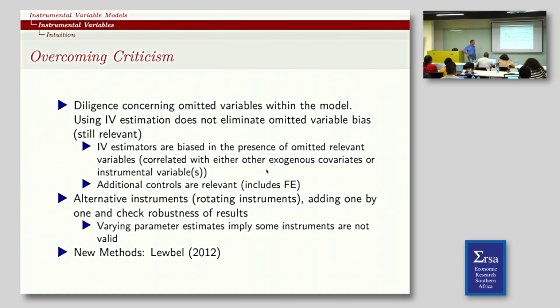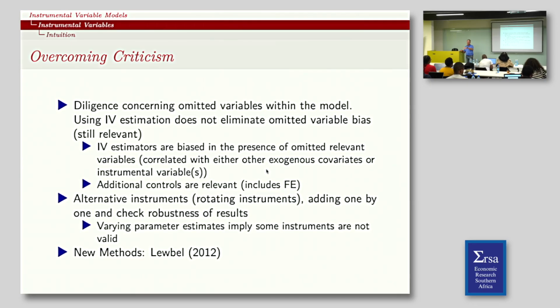And then Lewbel has one version of a whole series of possible options. Here the idea is that in standard IV estimation, the IV is based on a first moment, and in these other approaches, the IV is based on a second or maybe even a third moment.